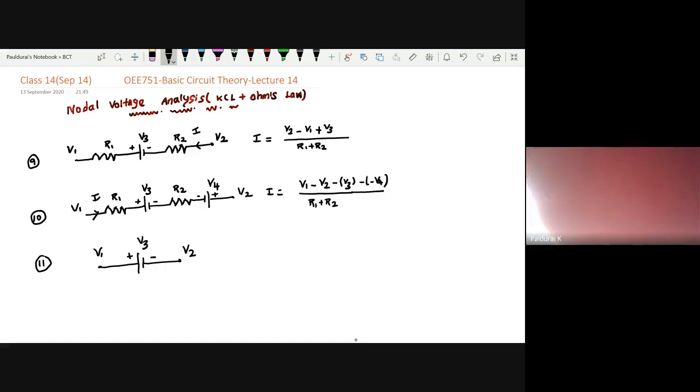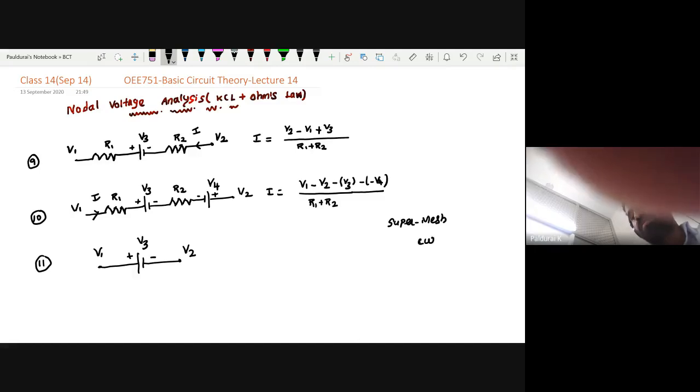Okay, so you know when you will apply super mesh: if a current source is common between two loops, then we will apply super mesh. Similarly, when will you apply super nodal?